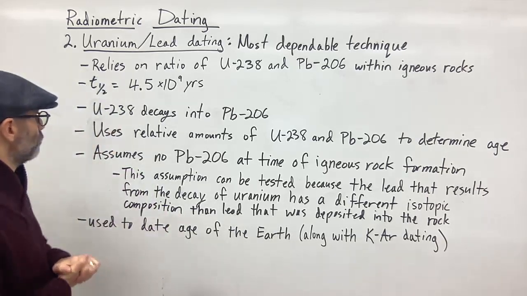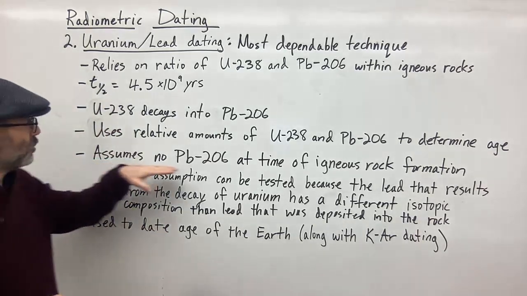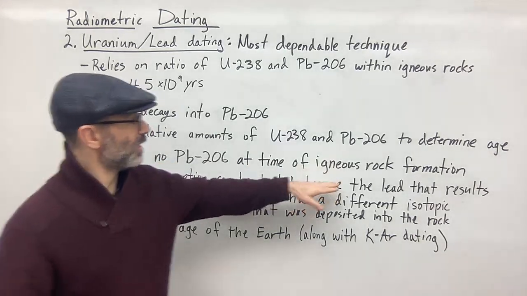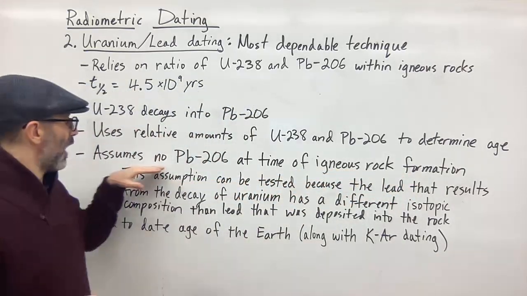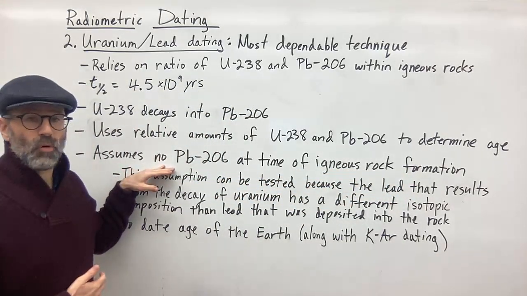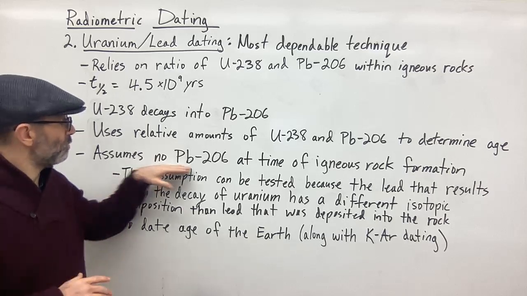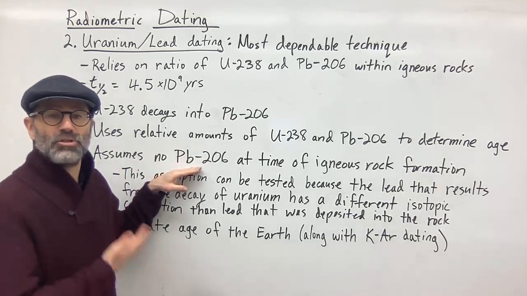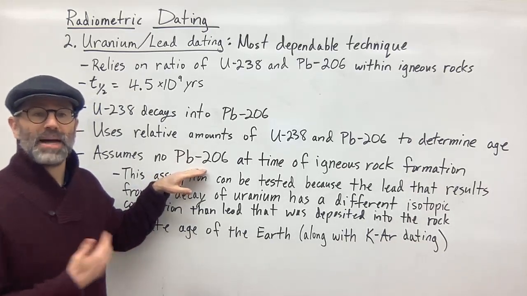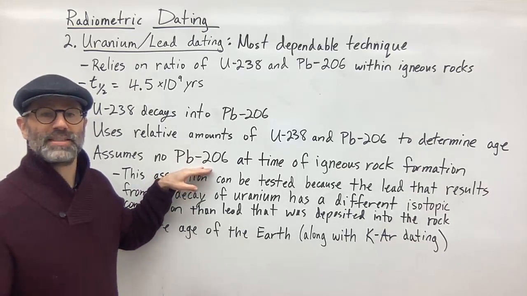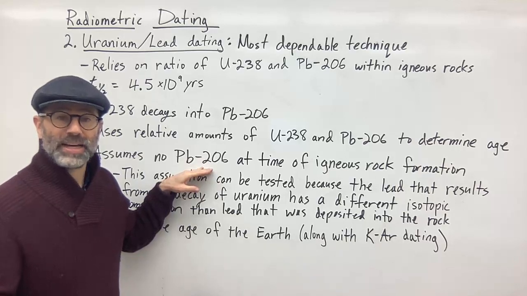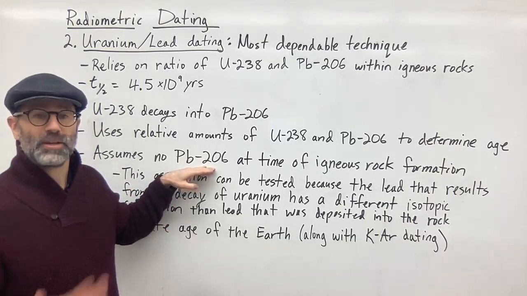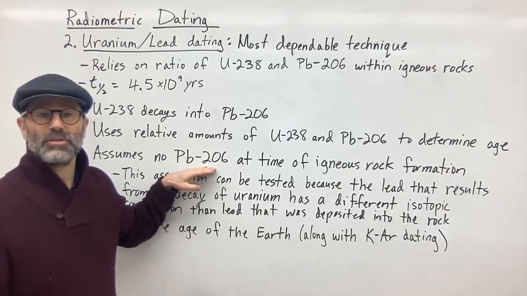So this assumes, again, that there was no lead-206 at the time of the igneous rock formation. At the time this rock was formed, I assume there was no lead to start with, because my assumption is that any lead-206 there came from the uranium-238. That would be a false assumption if it started with lead-206 to begin with.